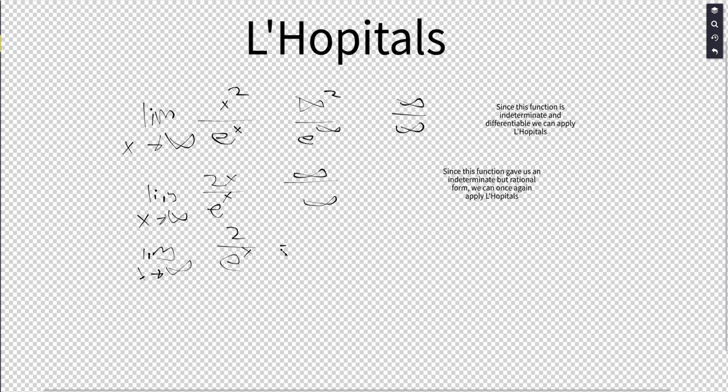Now if we plug in, we just have 2 over infinity, and we know that approaches 0. So our answer for the limit as x approaches infinity of x squared over e to the x is 0 in this case. And we'd write that statement: using L'Hopital's, this limit approaches a value of 0.